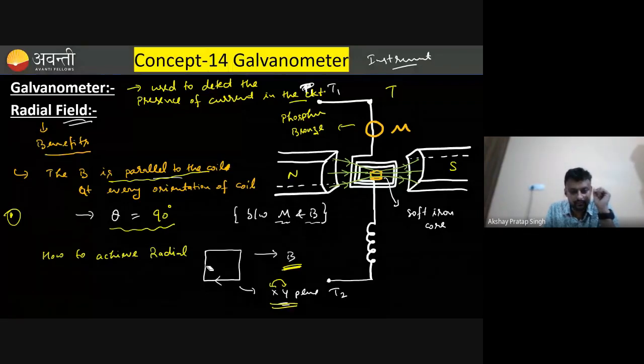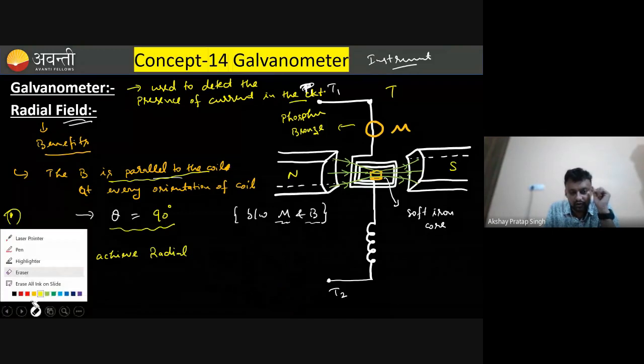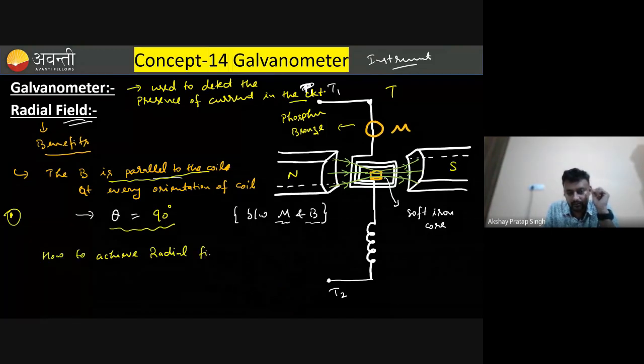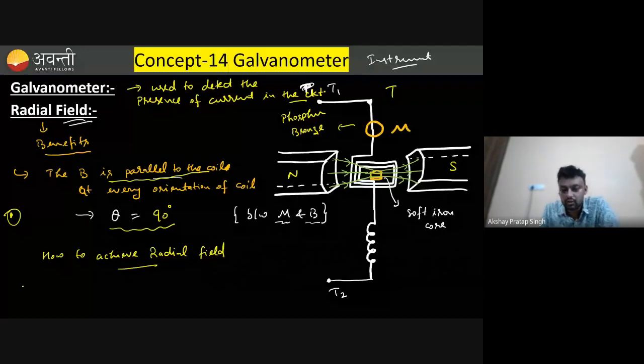So if you see clearly, I am telling you one or two ways to achieve the radial field, or how it is achieved. First point is you can achieve it by using concave shaped poles.